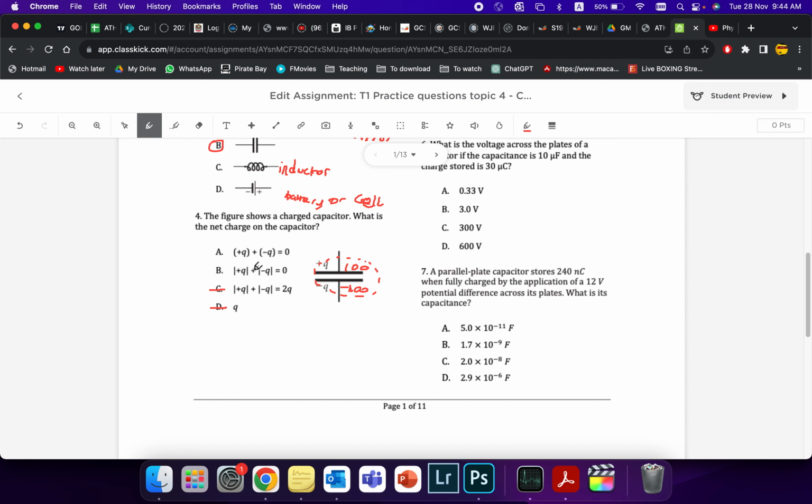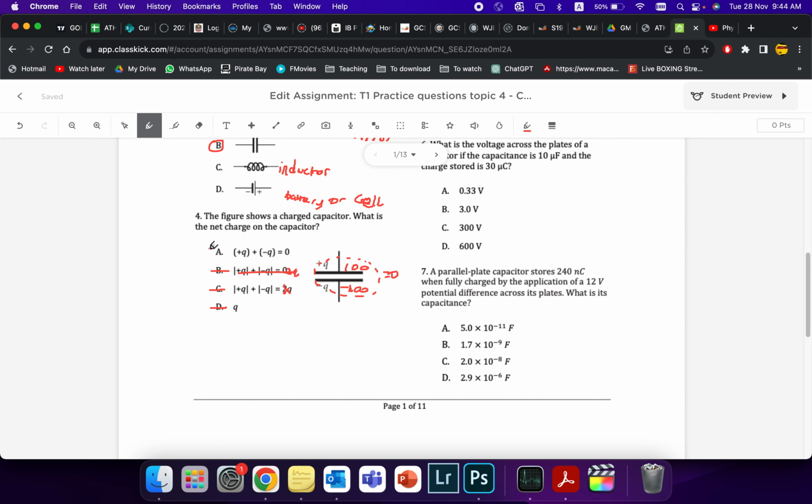If I was to do the magnitude only, this would be, actually, you know what, that actually would have been right, because the magnitude and the magnitude of this, you would ignore the minus. This would be a correct formula, but unfortunately, it should equal 0, not 2Q. So apologies for the little mistake earlier. So that is wrong anyway, because it should be 0. So that's not good. This is going to be wrong, because this should say 2Q. That should say 2Q, which is also wrong, because it should be 0, so that's definitely wrong.